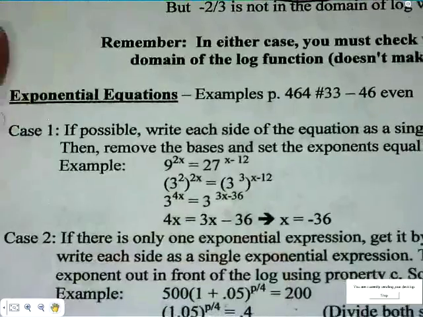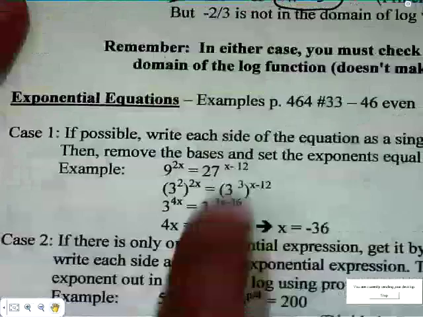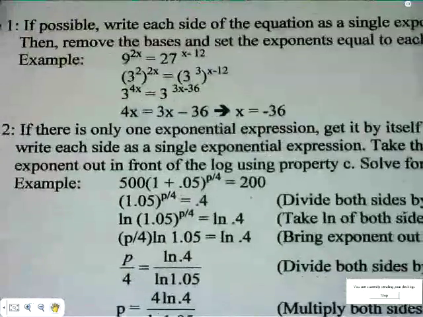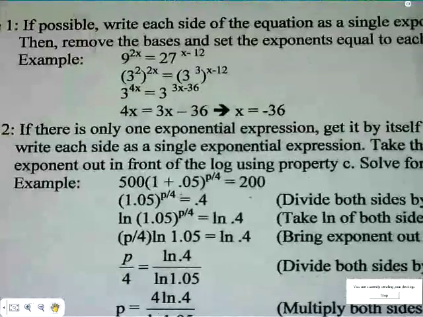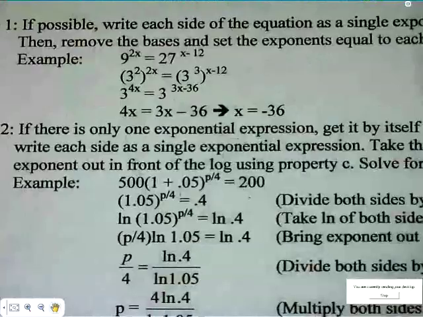Case 2, and this is the new kind of the day, really the only new kind of the day, because we had already seen both of those and we had seen these. We haven't said, what do you do if you can't write both sides having the same base? If there's only one exponential expression, get it on a side by itself.